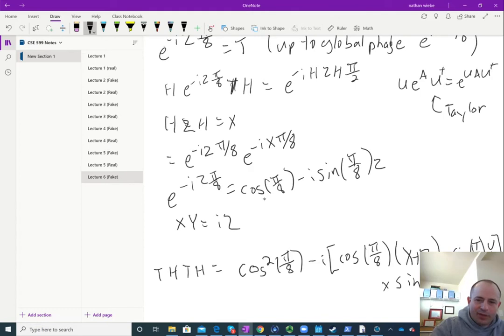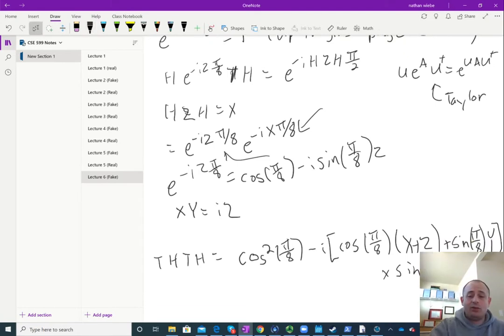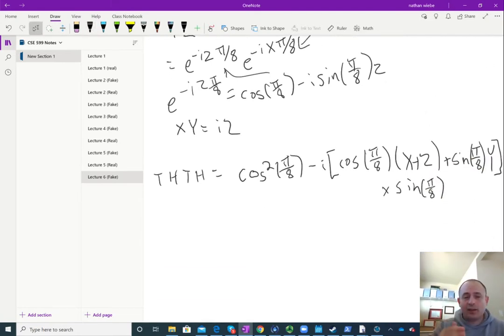This is what we just get by substituting in this expression over here, the similar one for that, multiplying it through and using this. We end up getting that.